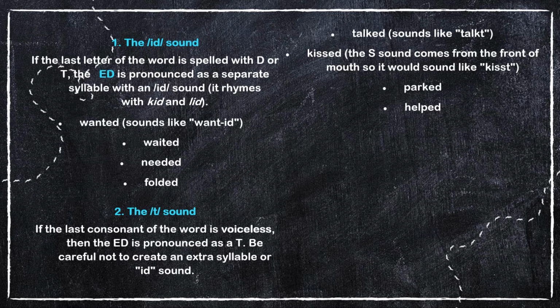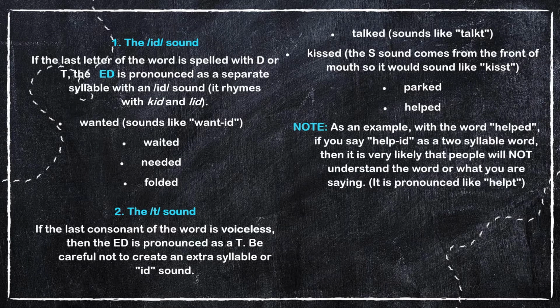The S sound comes from the front of our mouth, so it will sound like kissed in past, right? Kissed, parked, helped. If you notice, the last sound is t. So all the voiceless letters at the end of the verbs, you are going to add the ed and pronounce it like t, the T sound here, right?